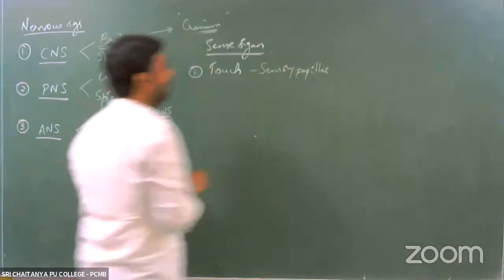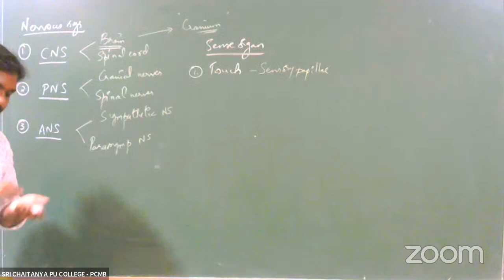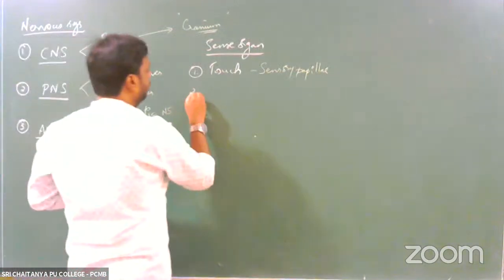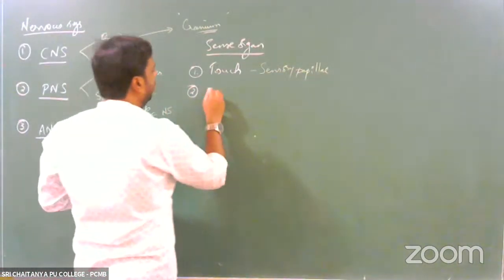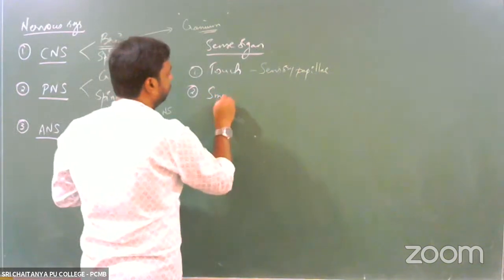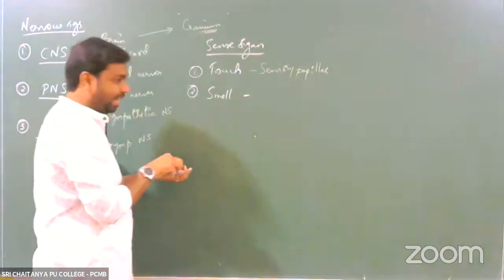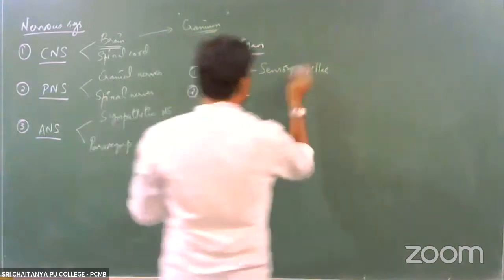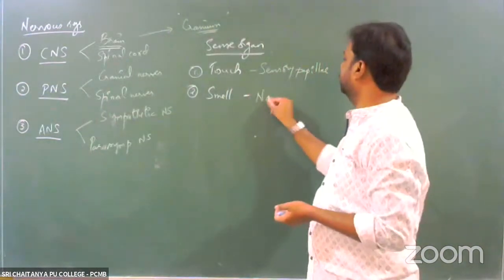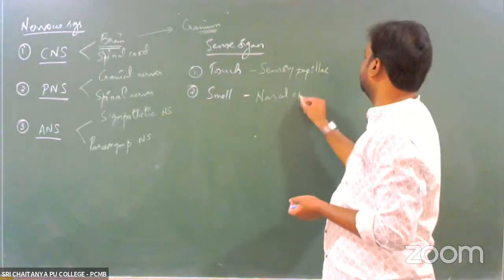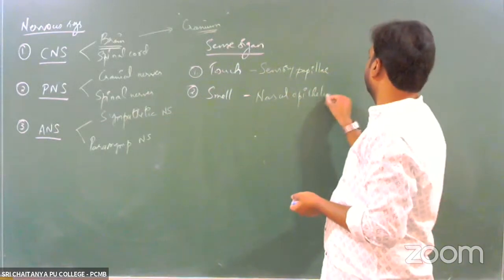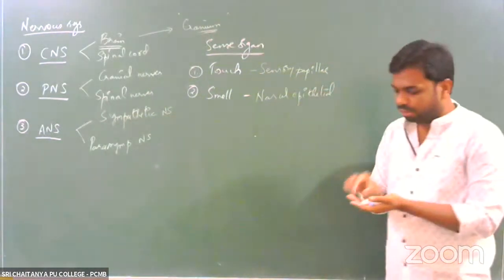The second sense organ is the sense of smell. For the sense of smell, they have the nasal epithelium. These nasal epithelial cells are responsible for the perception of smell.